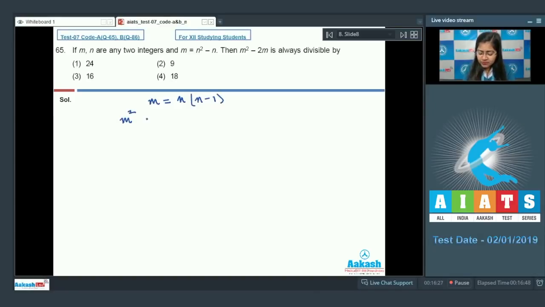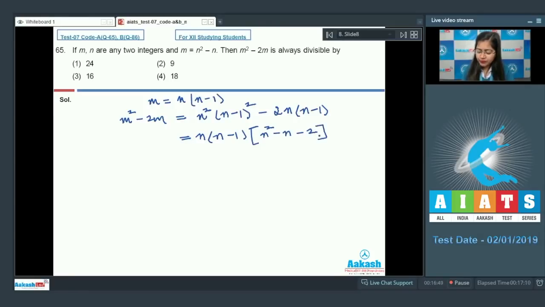Hence we can say that m square minus 2m can be written equal to m square, that is n square into n minus 1 whole square minus 2 into m, that is n into n minus 1. Now here we can take n into n minus 1 common. So we will be left with n square minus n minus 2, right?